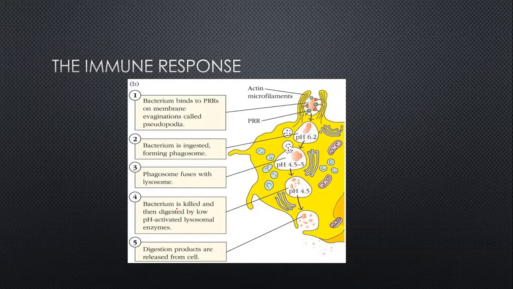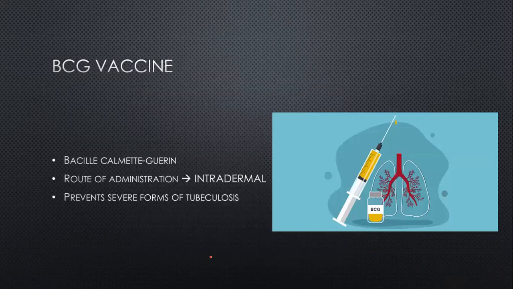The bacteria is killed and then digested by low pH activated lysosomal enzymes, as you can see here, because both lysosome and phagosome get together, and the enzymes that were inside the lysosome are now inside the phagolysosome, and this helps destroy bacteria. That is the phagocytosis process.